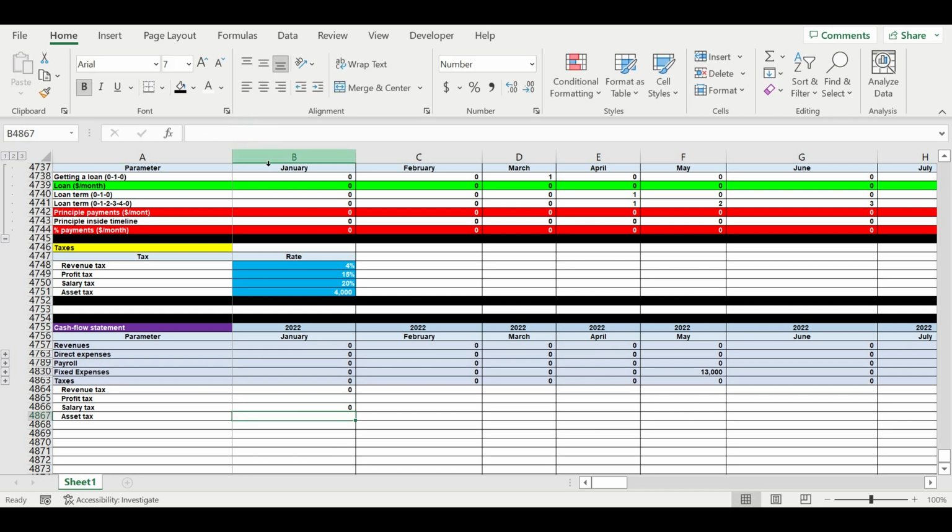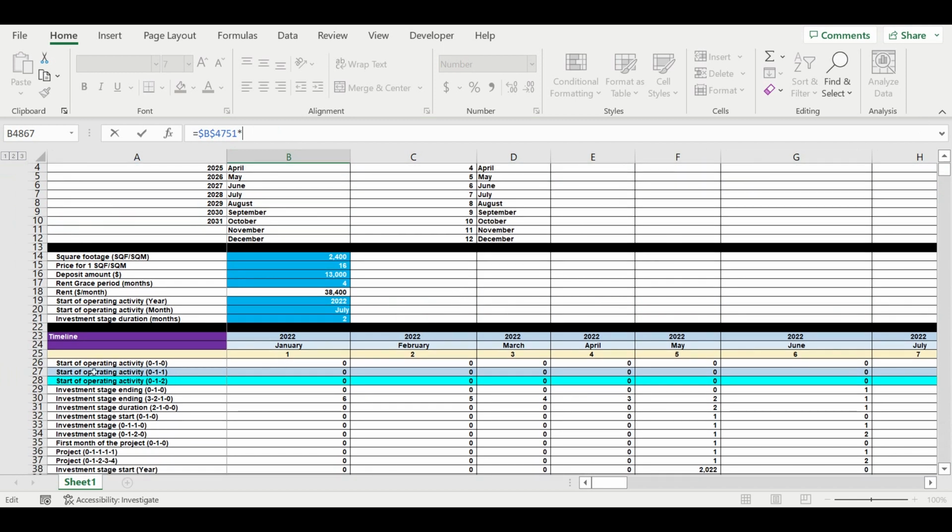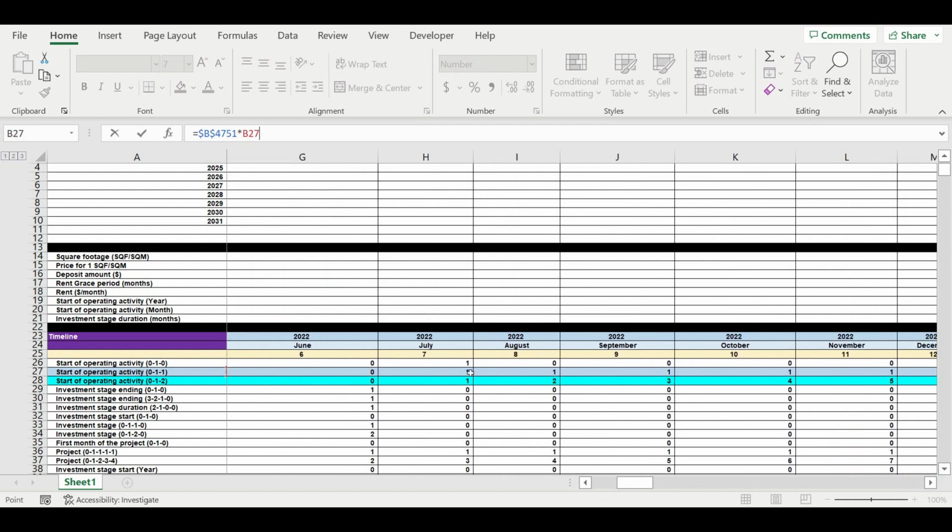Then asset tax, we are taking this value of the tax and multiplying it by the line where we have or don't have an operating activity at any given time inside the timeline. Here it is, operating activity. So 0 means that we don't have operating activity at this moment. 1 means that we do.